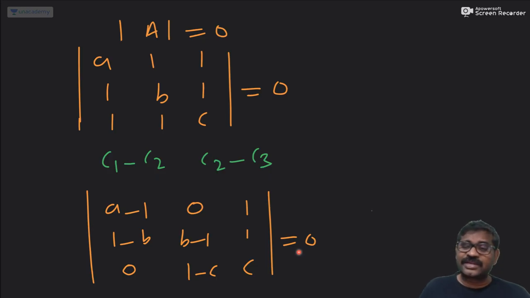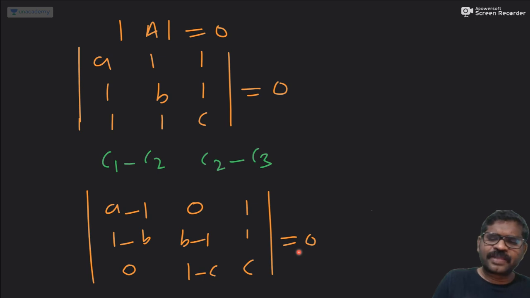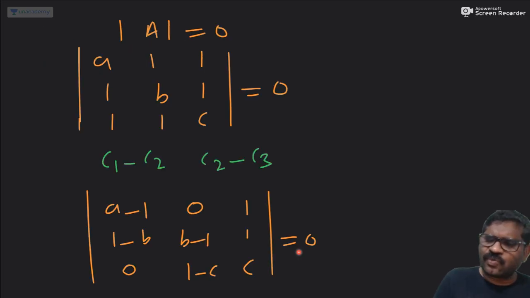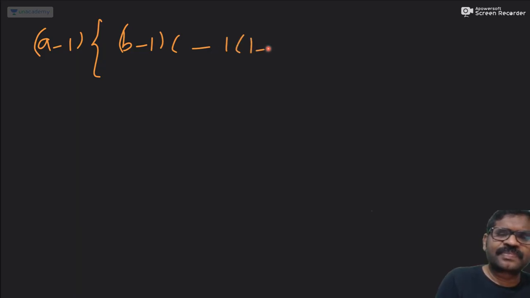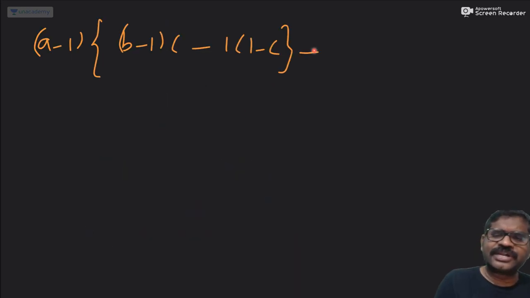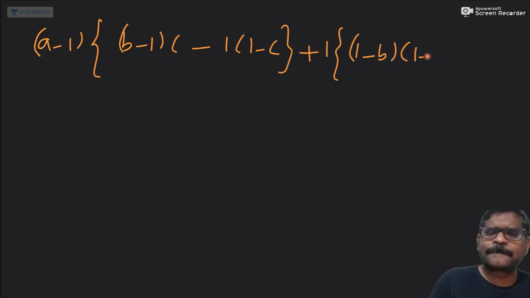Now I am expanding the determinant. a minus 1 multiplied with b minus 1 into c minus 1 into 1 minus c, minus second entry 0, so third entry plus 1 of 1 minus b into 1 minus c, minus 0 equal to 0.